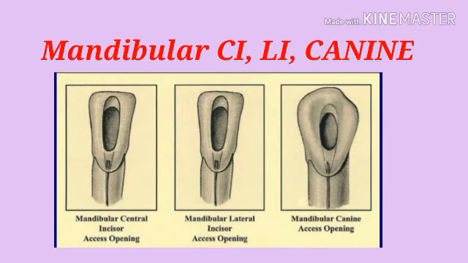Coming into mandibular teeth, in mandibular central incisor, access cavity is oval in shape with longest diameter incisogingivally. Same in mandibular lateral incisor, access cavity is oval in shape. In mandibular canine also, the access cavity is oval in shape with greater diameter labiopalatally.